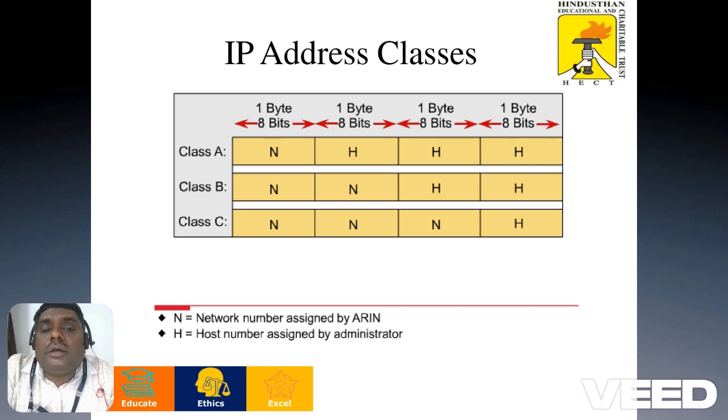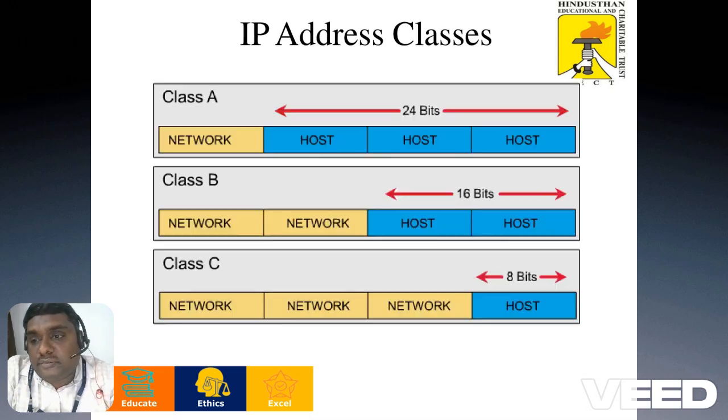In class B, the first 16 bits are the network ID and the next 16 bits are the host ID. In class C, the first 24 bits are the network ID and the remaining are the host ID. So IP address classes will be split like this only.